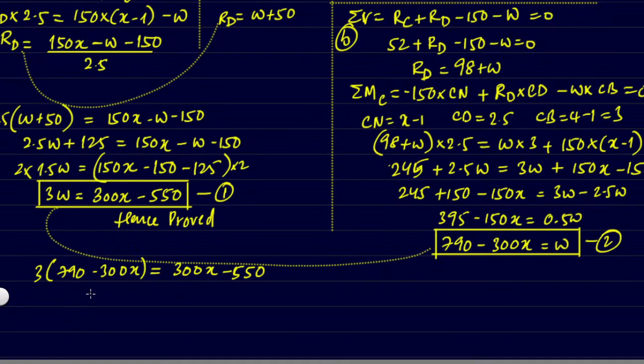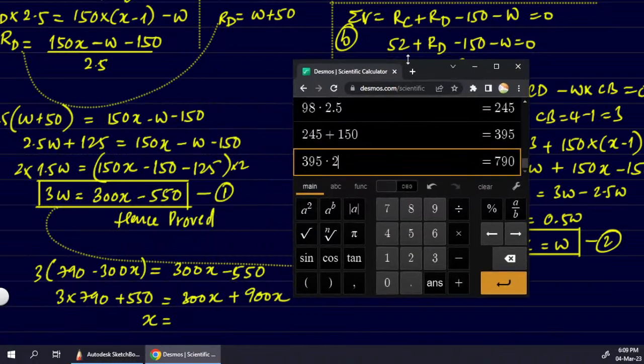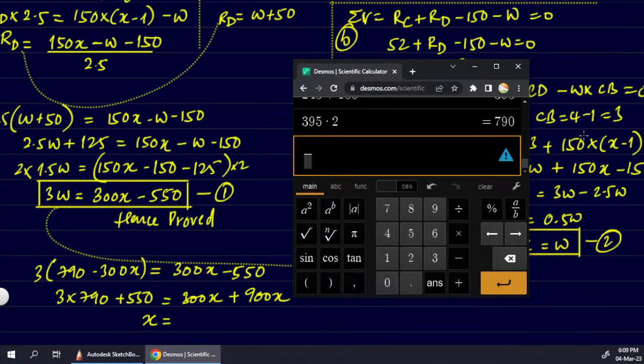So now x is the only unknown here. So 3 into 790 plus 550 equals 300x plus 900x. So x equals 3 into 790 plus 550, and in the denominator we should get 300 plus 900, so 2.43.